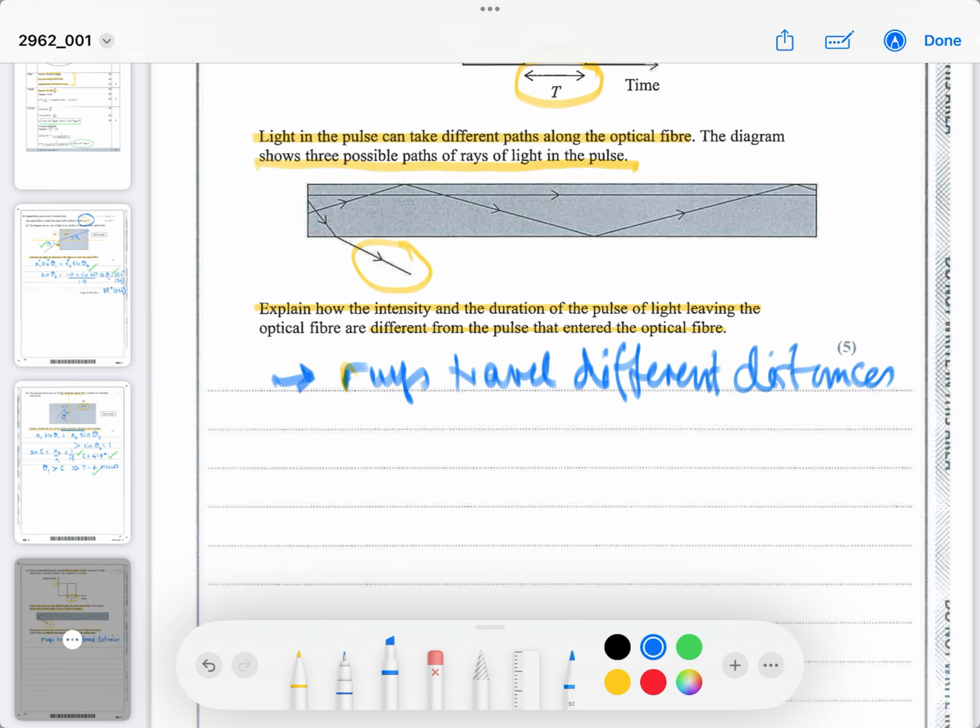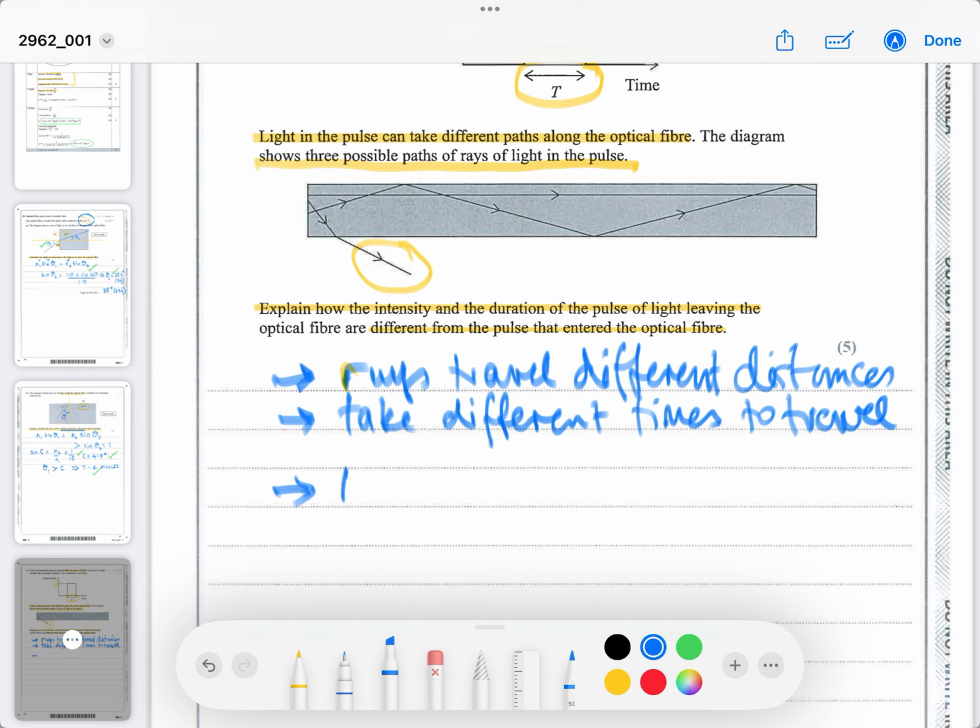That means if they're traveling different distances, they take different amounts of time. So obviously that's going to lengthen the pulse time.